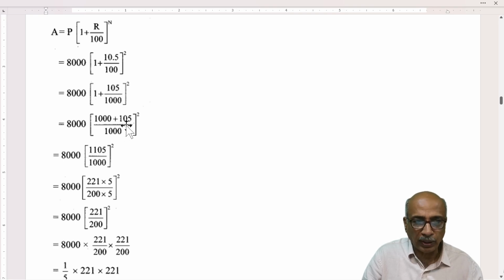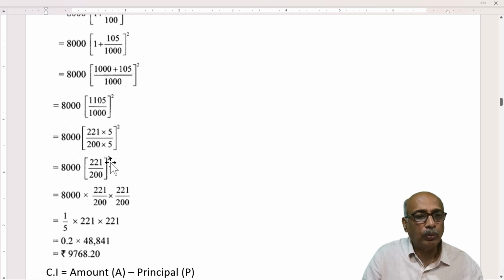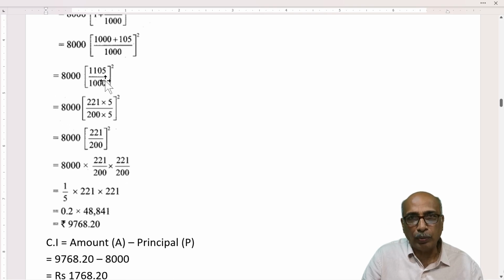So 1000 plus 105 upon 1000 equals 1105 upon 1000 raised to power 2. Simplify, the factors of 5 will go with this. So it comes to 221 into 5 upon 200 into 5. 5 gets cancelled. So 8000 into 221 upon 200 square.